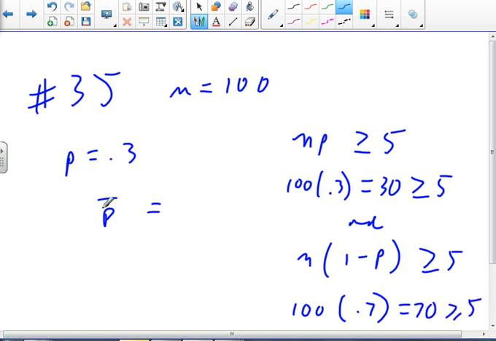So that means p bar can be approximated by the normal distribution. So, what was the question? Assume that the president's correct, then the sampling distribution for the study is the normal distribution.